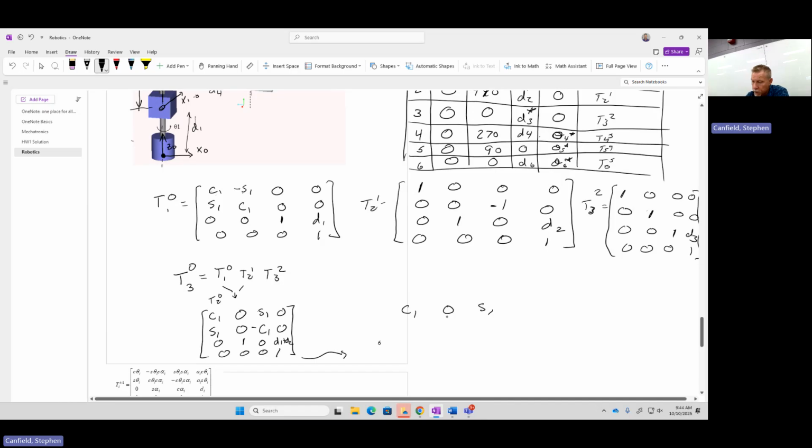Fourth column is sine theta 1 times d3. Second row is sine theta 1, 0, negative cosine theta 1, negative cosine theta 1 times d3. Third row is 0, 1, 0, and then d1 plus d2 plus d3, 0, 0, 0, 1. That is T3 on 0.